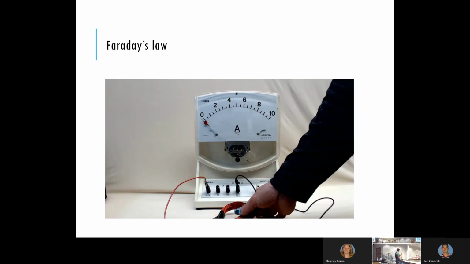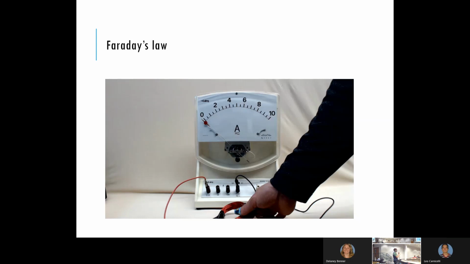Faraday says, well, if a changing magnetic field can generate an electric field and drive a current, perhaps a changing electric field can create a magnetic field. So you say, why does it drive current instead of charge? I would argue that it is kind of driving charge.